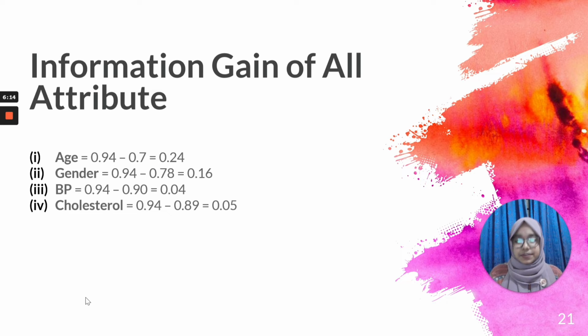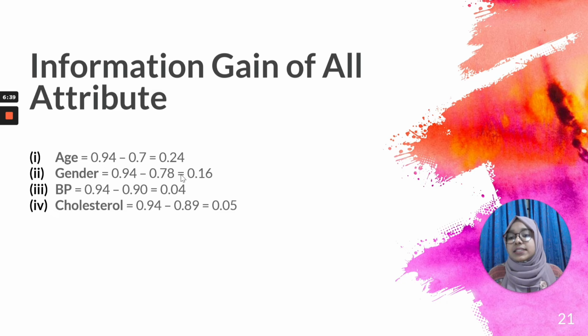Then we get 0.24. For gender, the information gain is also 0.94 and 0.78 is the total entropy of gender. 0.90 is the total entropy of blood pressure and 0.89 is the total entropy of cholesterol. Then calculating this subtraction, we get these values.